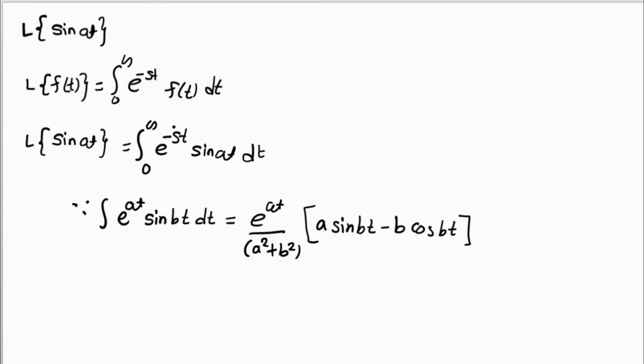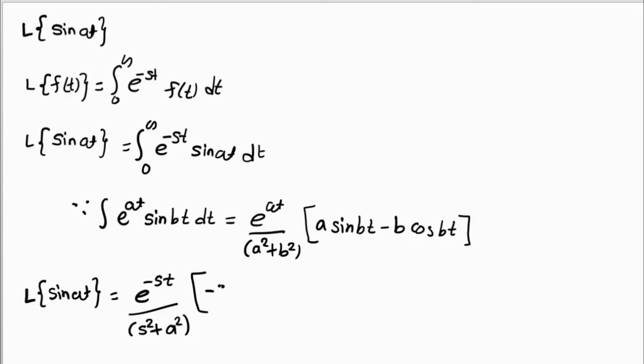If we apply it to this term, Laplace of sin at is e raised to the power minus st upon s square plus a square, because we have to take the coefficient of t, in bracket a means minus s sin at minus b, which is our a, cos at.